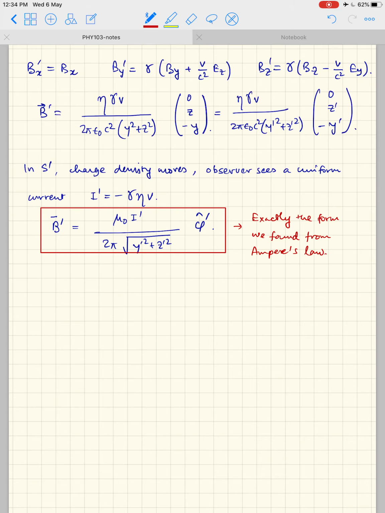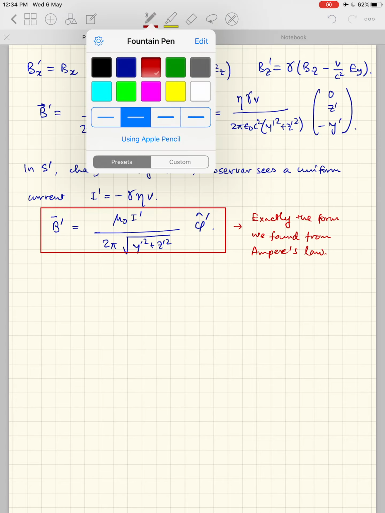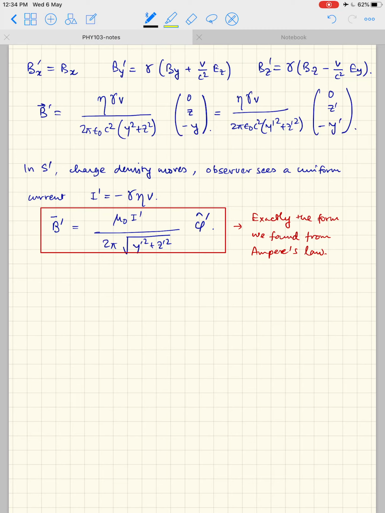So we see again that magnetic force can be viewed as a relativistic effect.